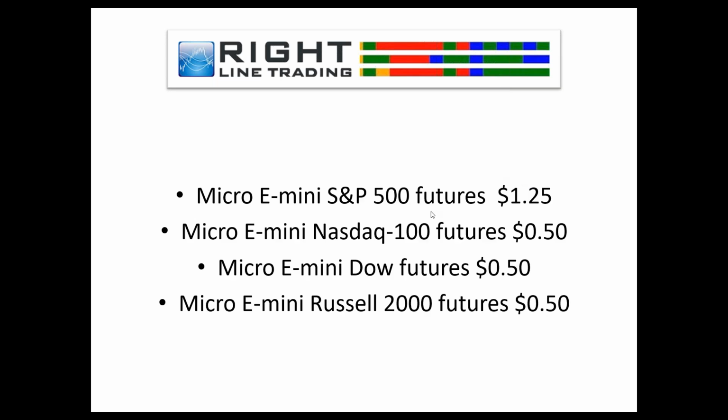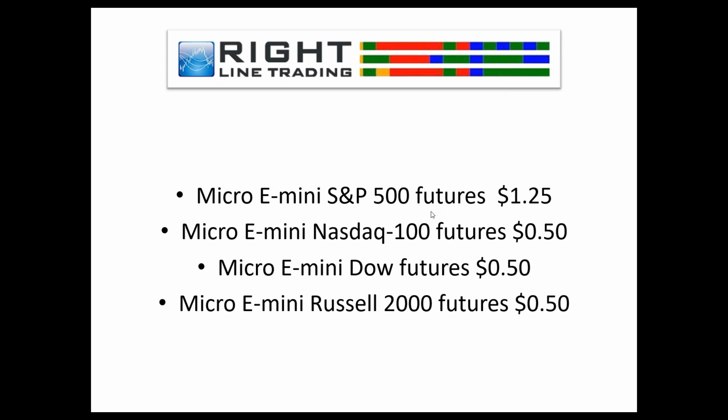With that said, what we're going to do is look at the micro E-mini S&P 500, the micro E-mini Nasdaq 100, the micro E-mini Dow, and the micro E-mini Russell. If you're unfamiliar with these instruments, it's easy to determine how much a tick is worth.